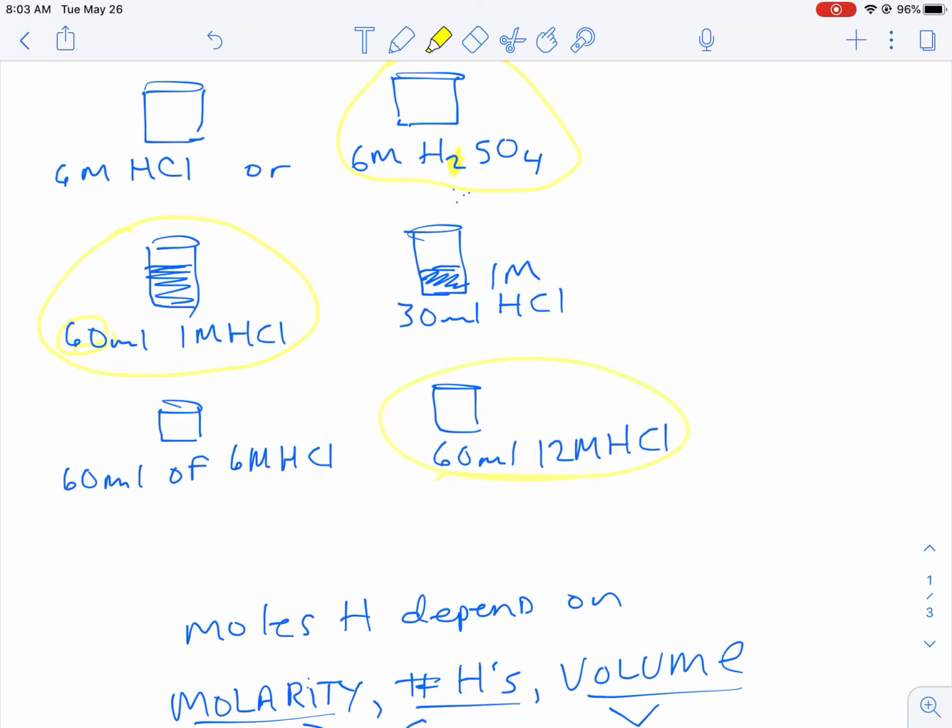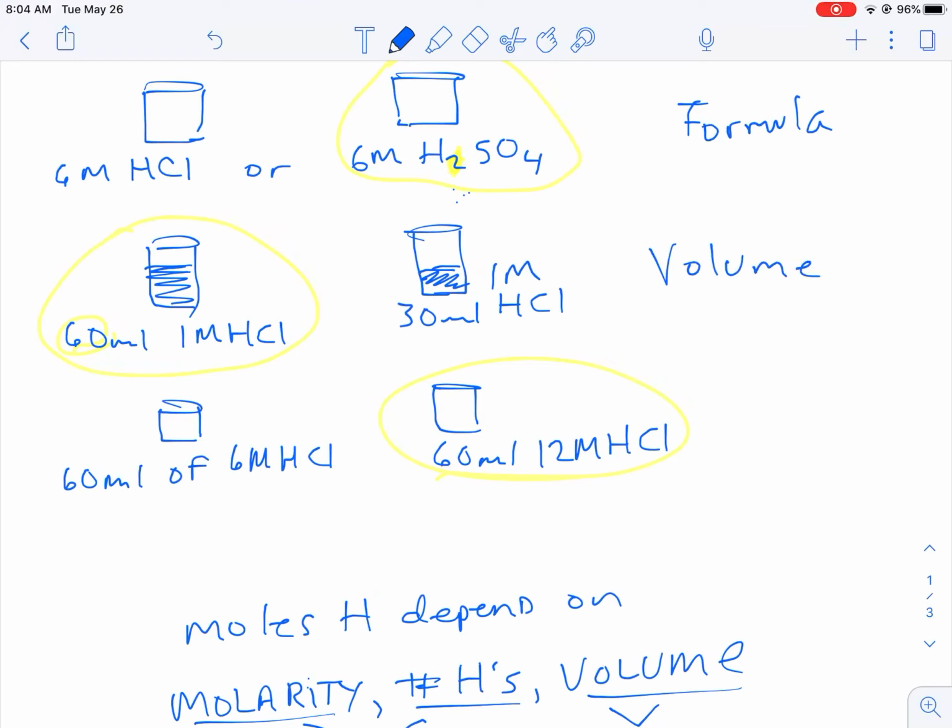So there are three things that actually affect how many H's or OH's are floating around in solution. If you take a look at our first scenario, we had the formula. So the formula played a role in this problem. In the second scenario, the volume of the acid was the difference.